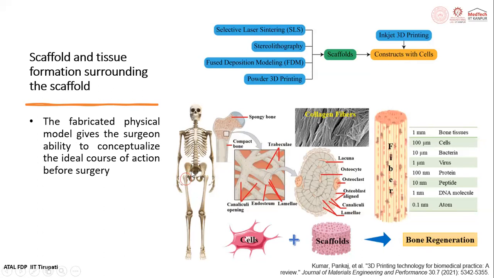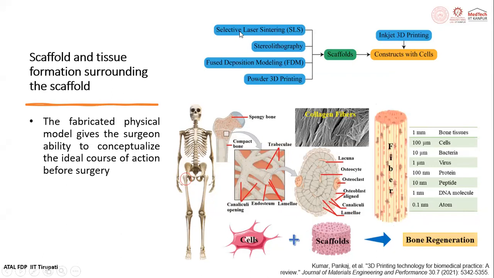He will try to understand, reconstruct, and then see how to approach this particular surgery and how to do it. By printing, we can get a spongy bone, and you can also have a compact bone. Then you will have the trabeculae, you will have these interconnects, and all these things are done. Basically in bioprinting, we try to have cell plus scaffold leading to bone generation. So you will have a fiber here.